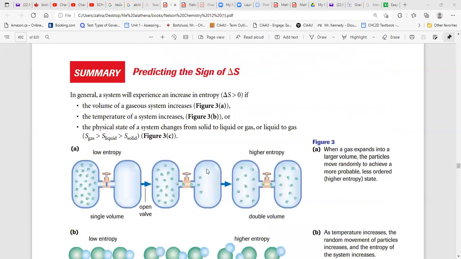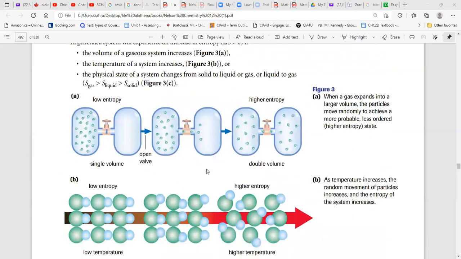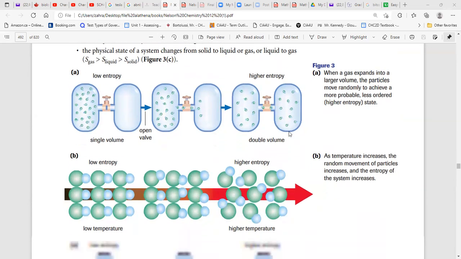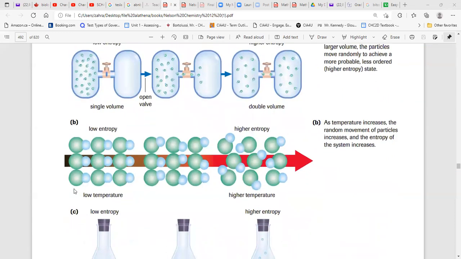So here are the possible situations. When you have this molecule and the volume is increasing, it's going to higher entropy. It means when you increase the volume, the entropy or disorder will increase. Also, when you go from lower temperature to higher temperature, the movement of the atoms becomes faster and more random, so the disorder increases.